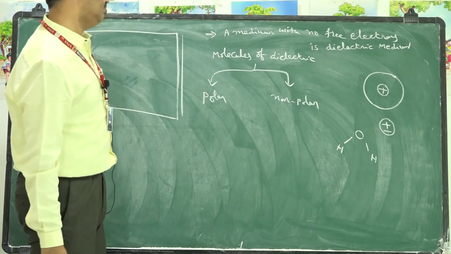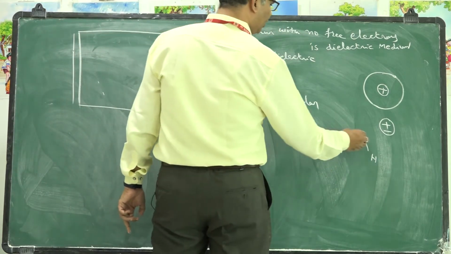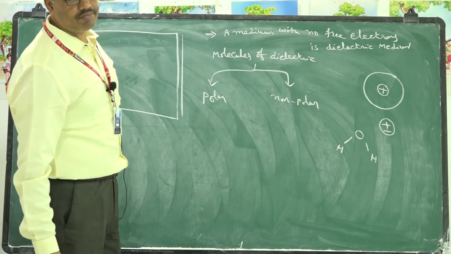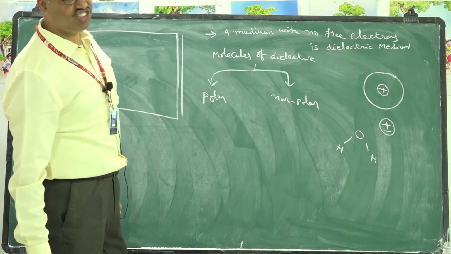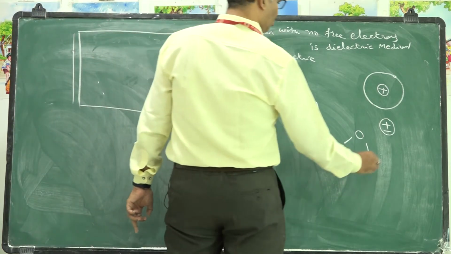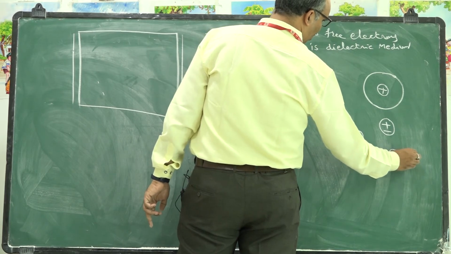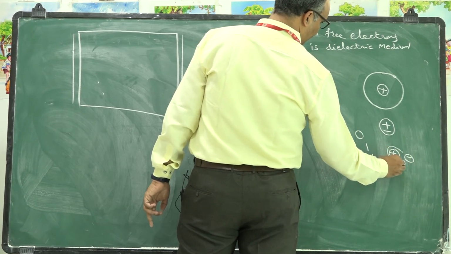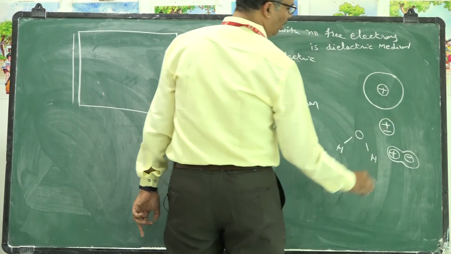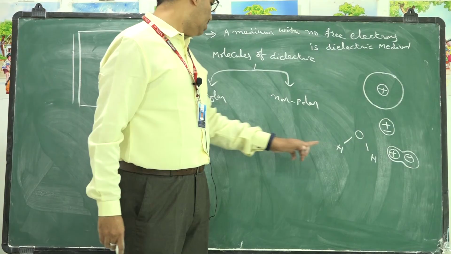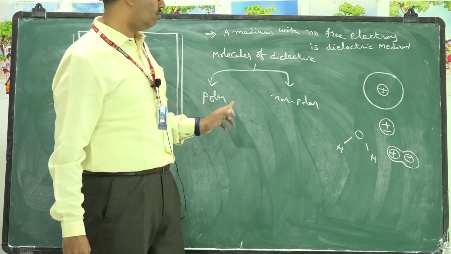Here, the positive charged center and negative charged center are not coincident with one another. They are separated by certain distance. When positive charged center and negative charged center are separated by certain distance, such a formation is called dipole. So the molecule like water is behaving as a polar molecule.